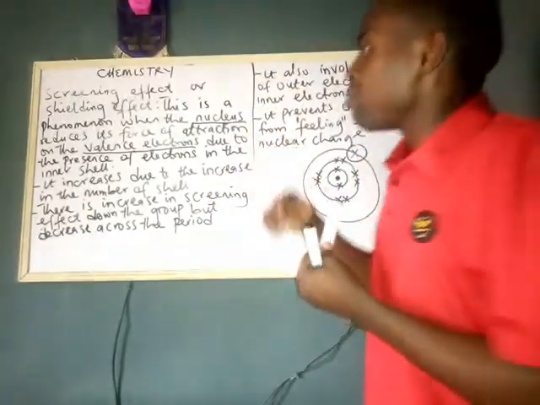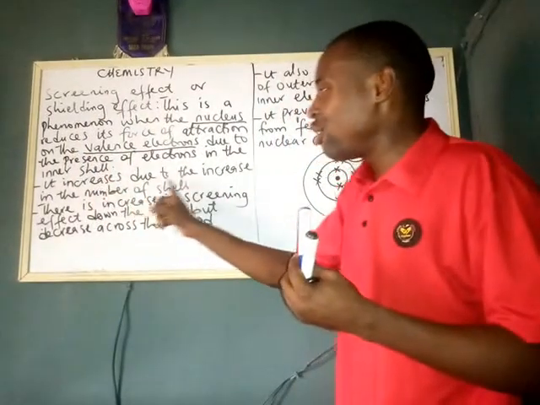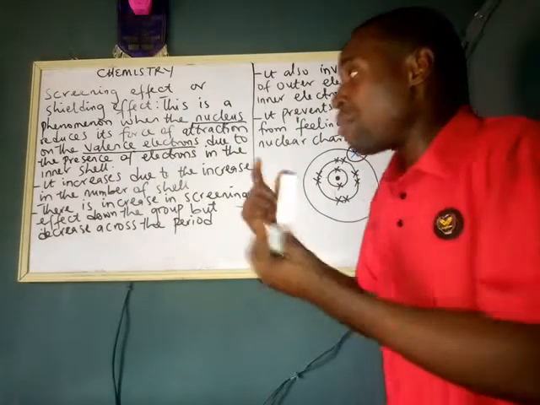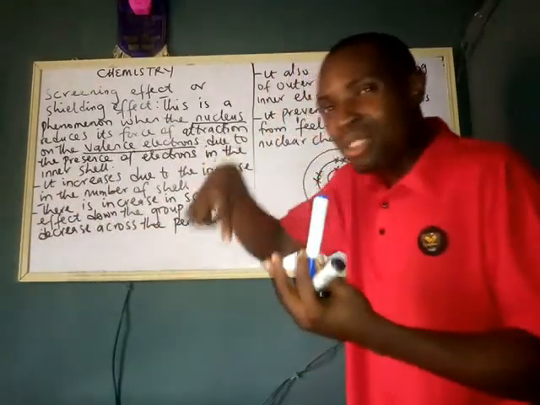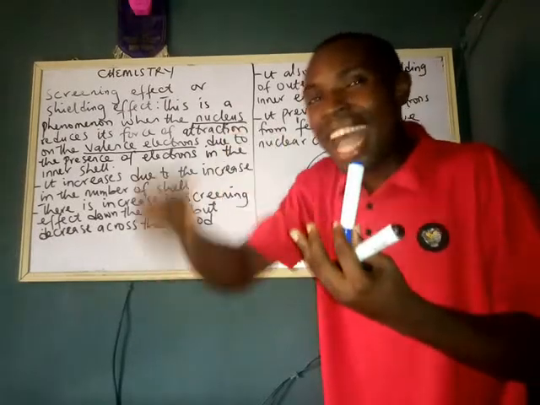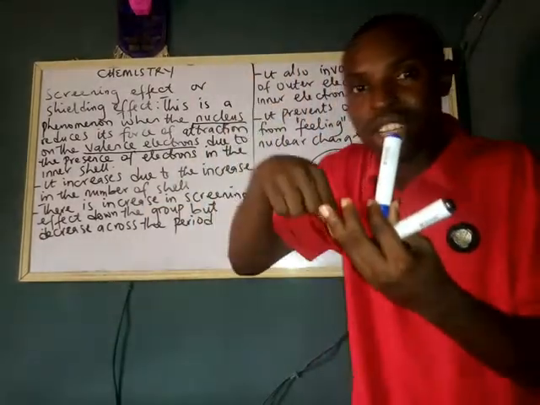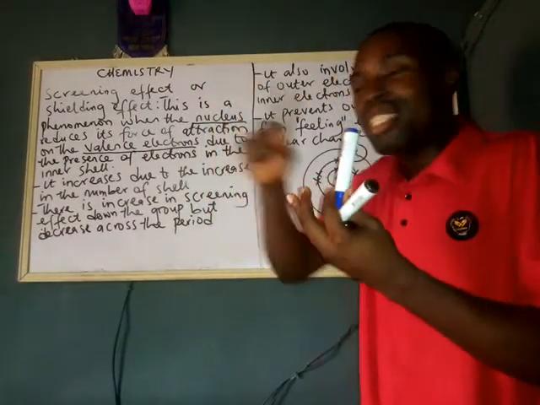Now, take note that screening effect increases due to the increase in the number of shells, which I've said just now. And I've also said that there is an increase in screening effect down the group. Why? Because of the addition of a new shell as the atomic number is being increased.